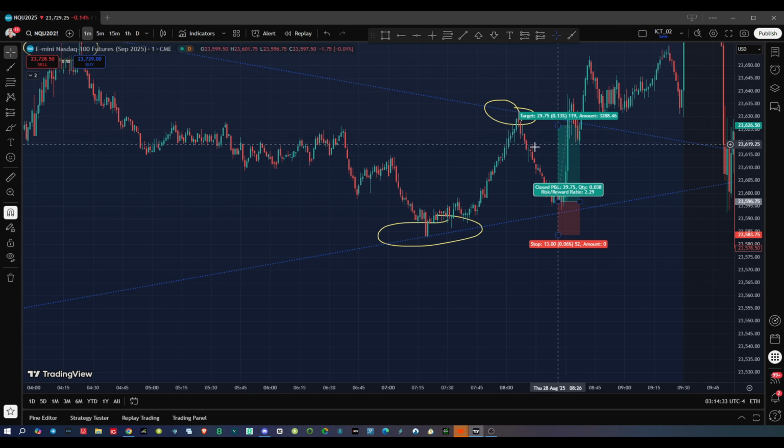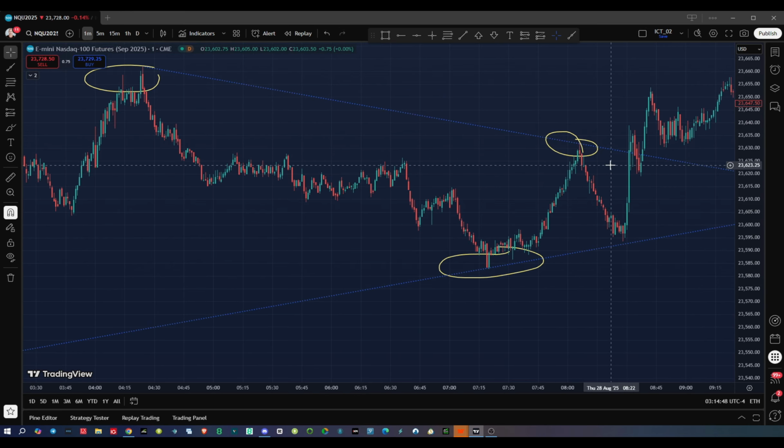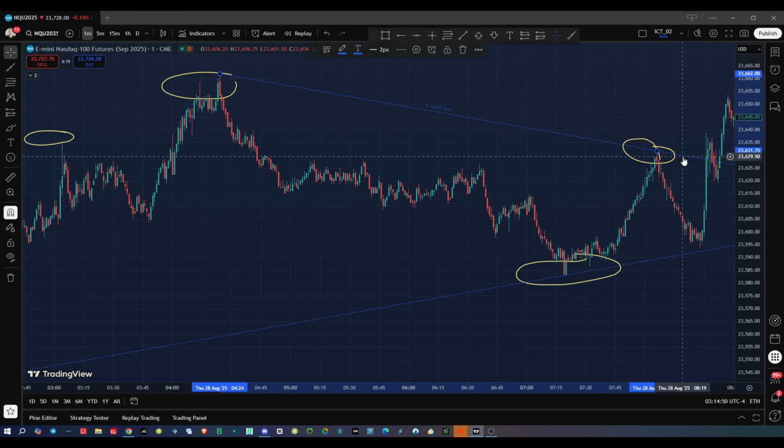Took that long. If there wasn't any news at 8:30, you could have taken the short here as well. So remove this, take a short there. Obviously, it didn't work. You just got stopped out and need to reevaluate your trend line. You need to adjust your trend line.